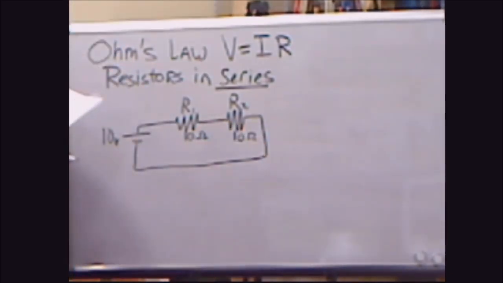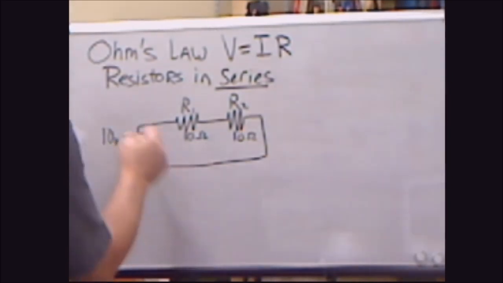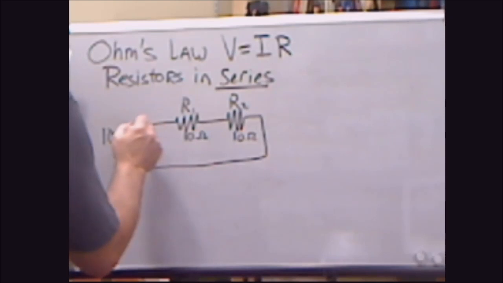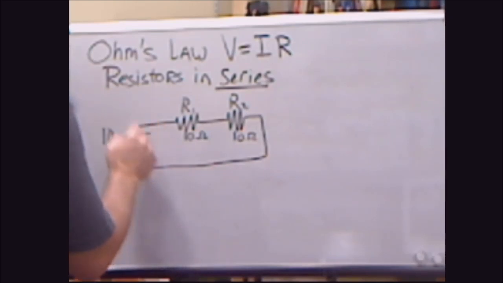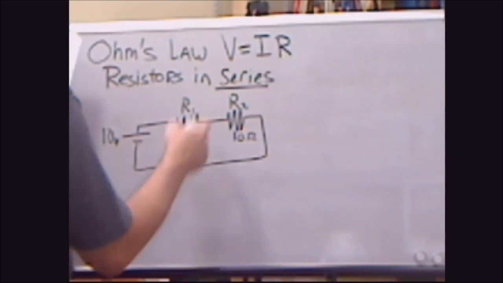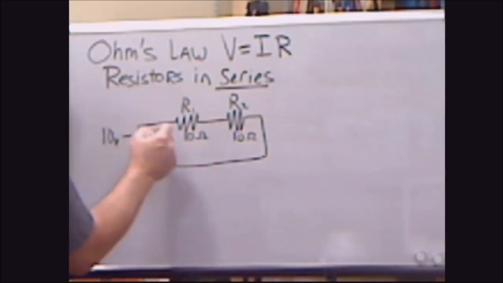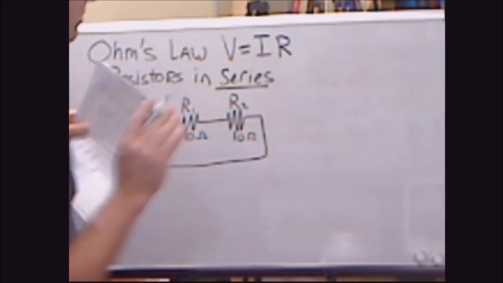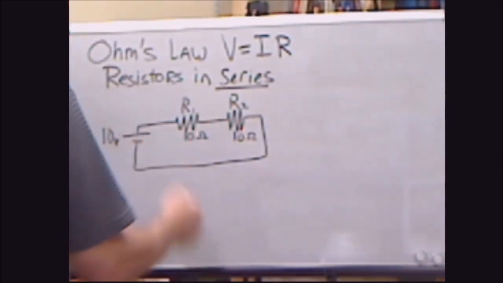So how do we figure out, we've got V equals IR. The first thing we want to do, if we want to figure out how much current is being drawn off this voltage source, is figure out what the total resistance is. For resistors in series, it's very easy. All you do is add them up.